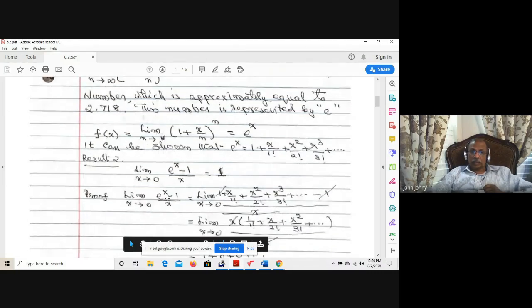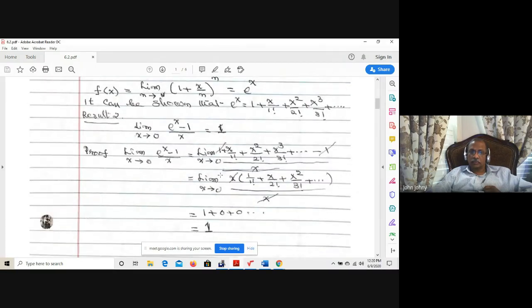Result number 2. Limit as x approaches 0, (e to the x minus 1) divided by x is equal to 1. Proof. I have given the proof here. Limit as x approaches 0, (e to the x minus 1) over x, where e to the x is this infinite series: 1 plus x over 1 factorial plus x squared over 2 factorial plus x cubed over 3 factorial plus etc., minus 1.